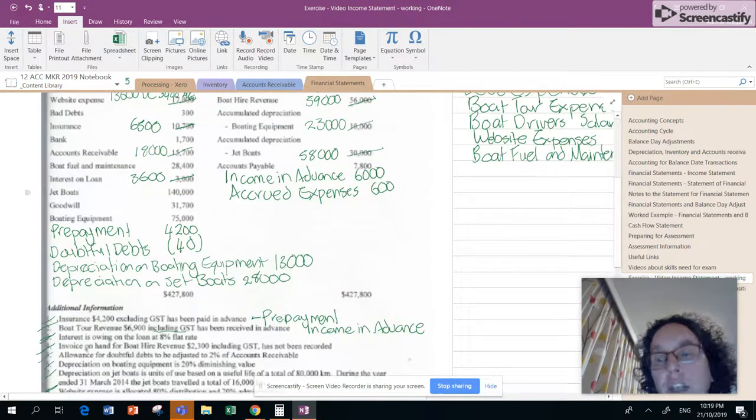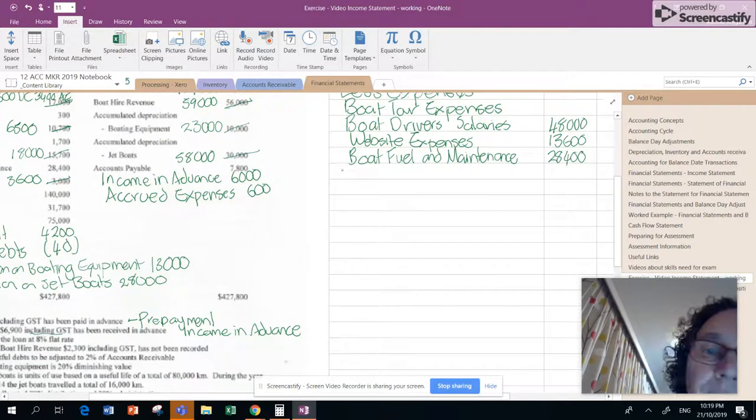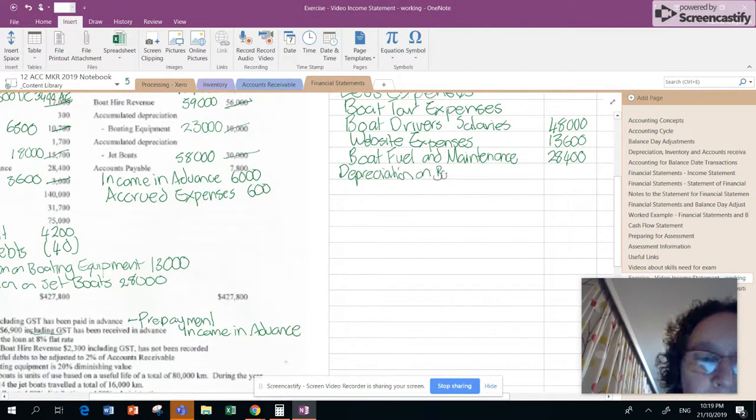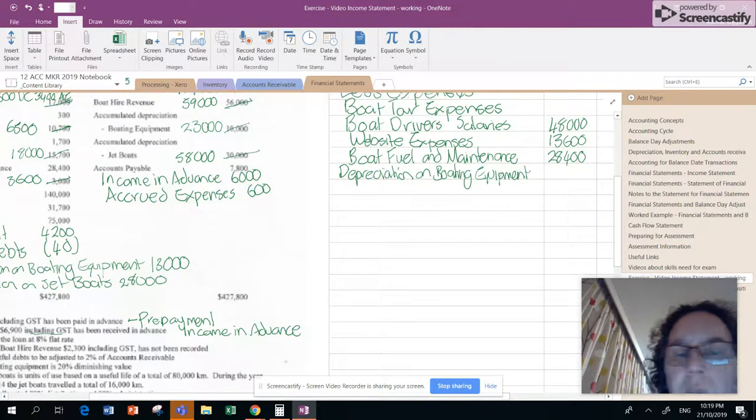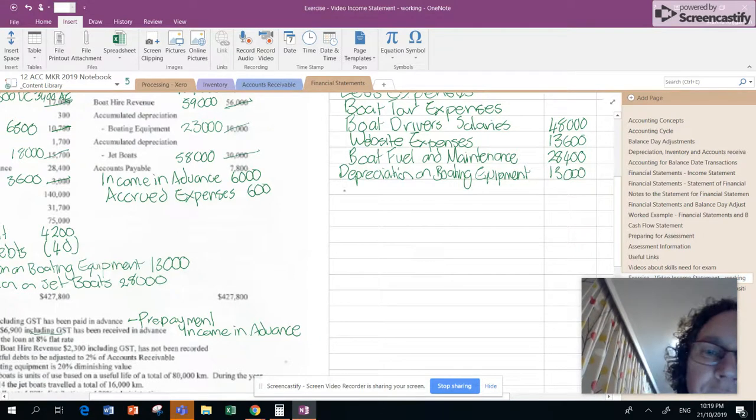And we've got our two depreciations, which relate to our distribution. So we've got depreciation on boating equipment of 13,000 and depreciation on jet boats.